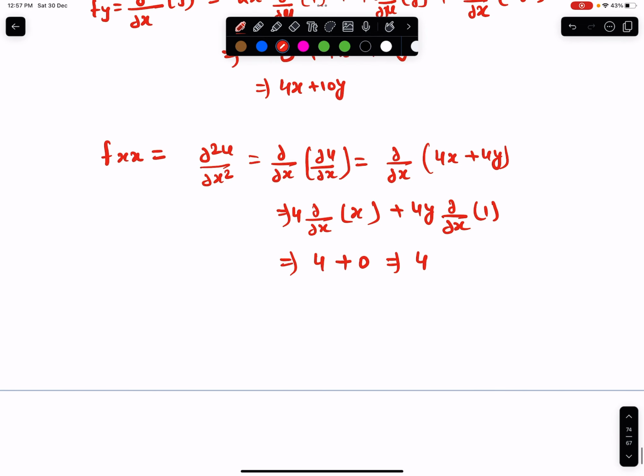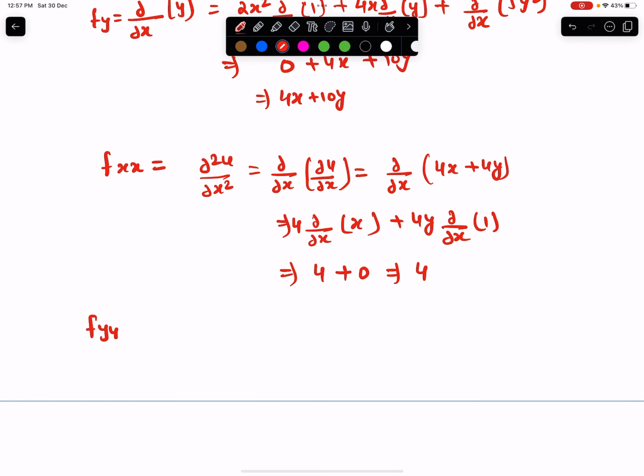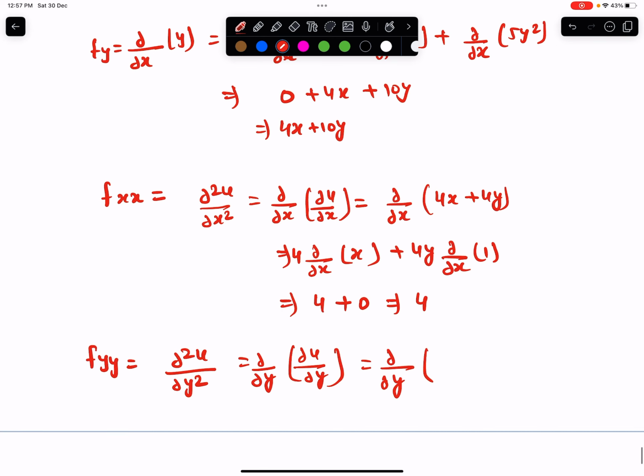This is our f_xx. If we have to find f_yy, that will be ∂²u/∂y², that is ∂/∂y of ∂u/∂y, which equals ∂/∂y of 4x + 10y.